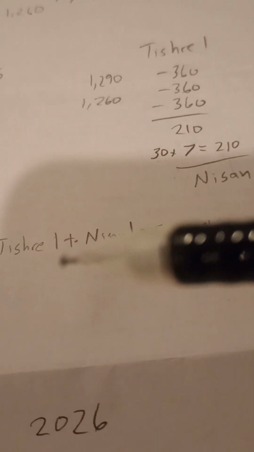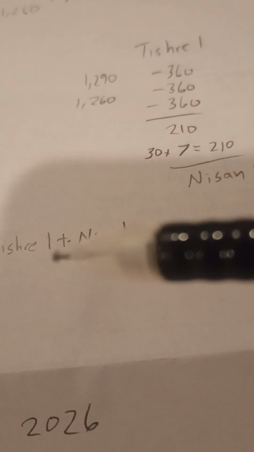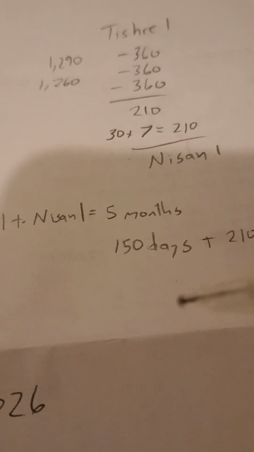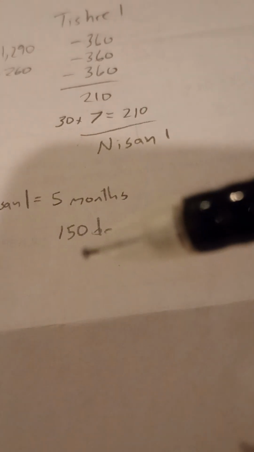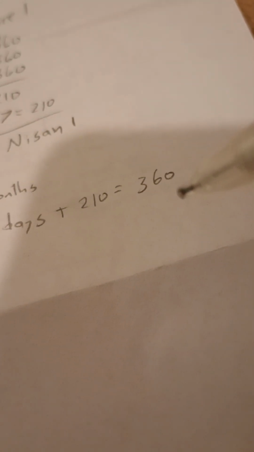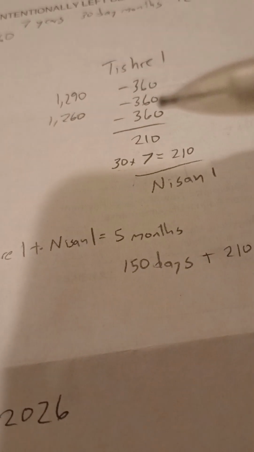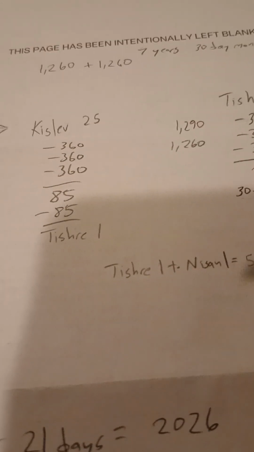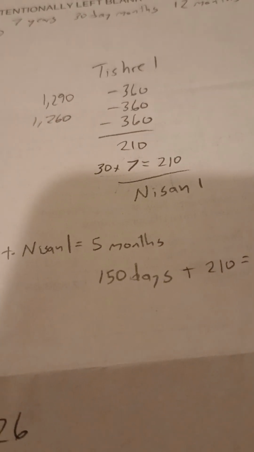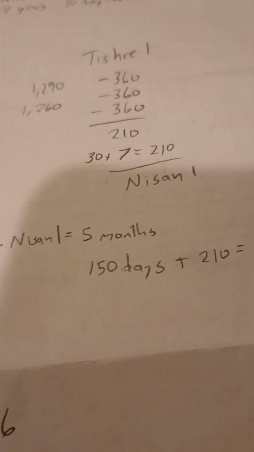It wouldn't be Tishri 1, it'd be the next month, I think it's Heshvan 1 to Nisan 1 would be 5 months. That would be 150 days, 5 months times 30-day months, plus your 210 that you already have. That's 360. That's your 7th year. So 360, those 3 years, and those 3 years, there's your set. That's your 7 years. That's Daniel's 70th week.